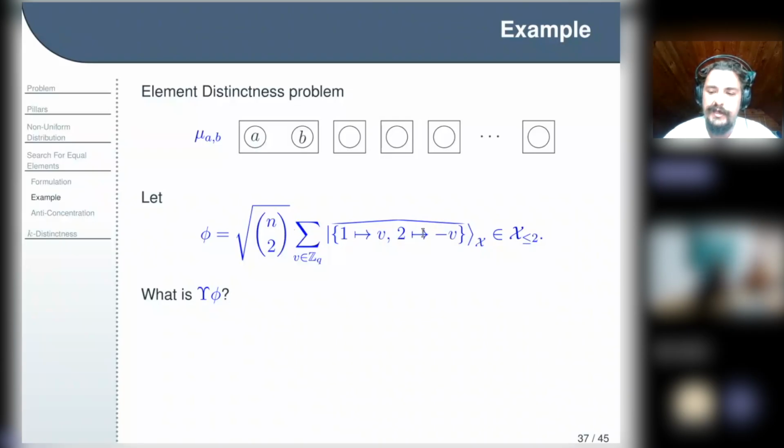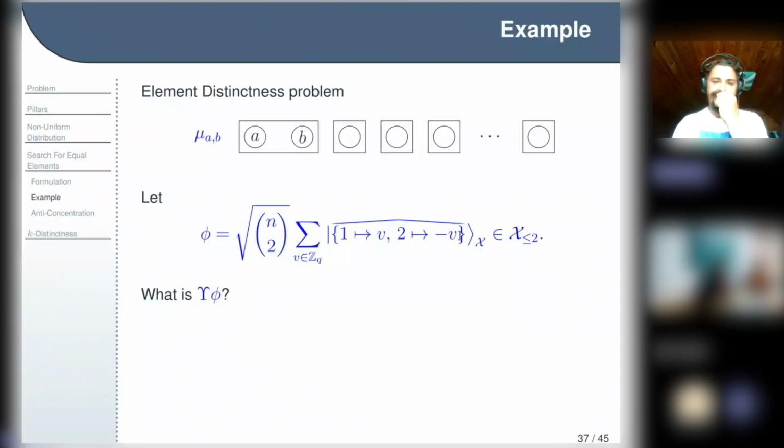This is the sum over all functions where v ranges over Z_q. You can assume that the first element 1 gets mapped to v and 2 gets mapped to minus v.